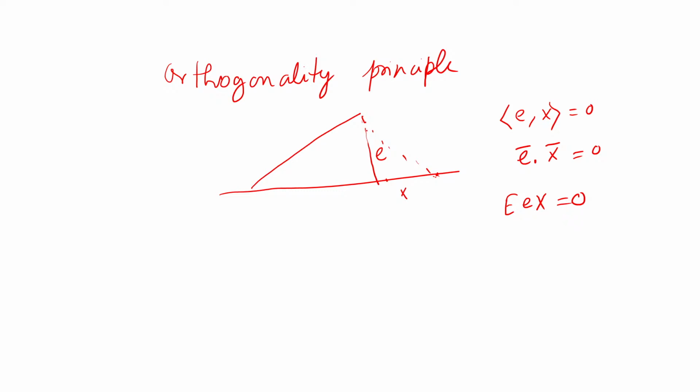This is the same extension of a very simple geometric principle, that the shortest distance between two lines you can obtain by, suppose you want to approximate this line in terms of this line, then what will be the best approximation? You drop a perpendicular.